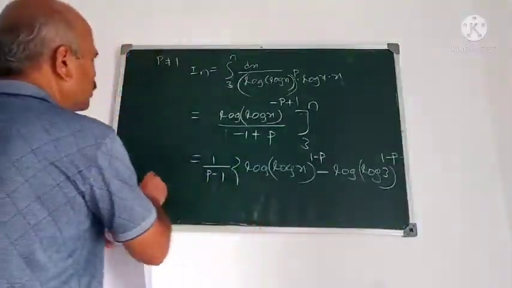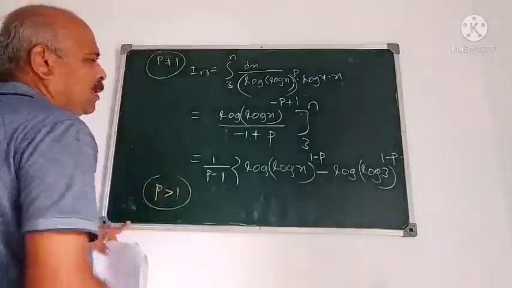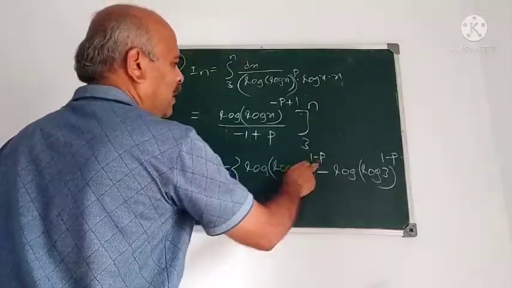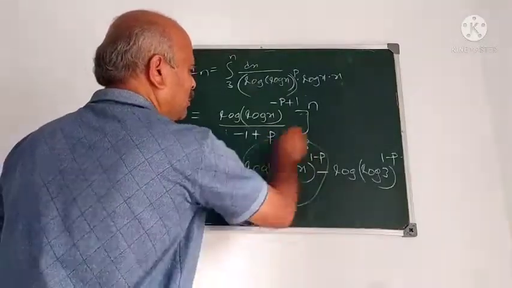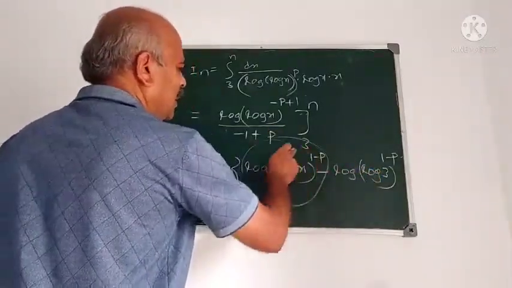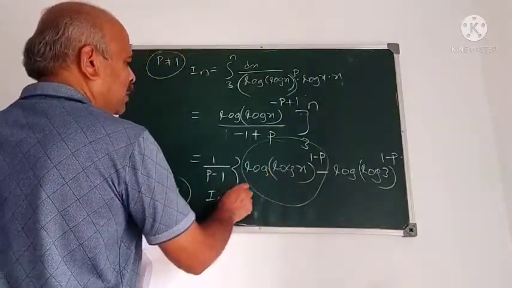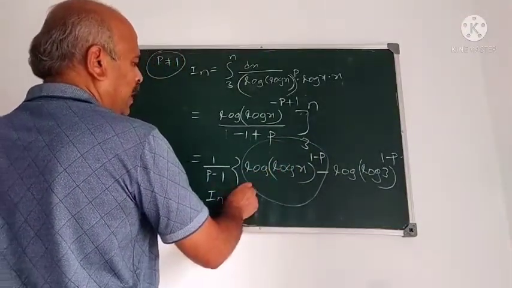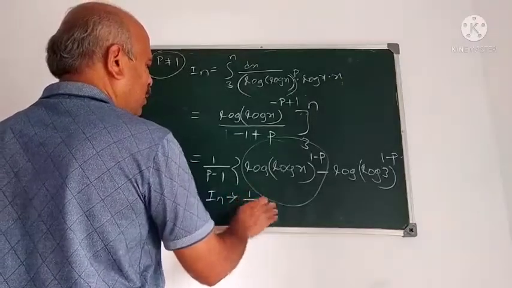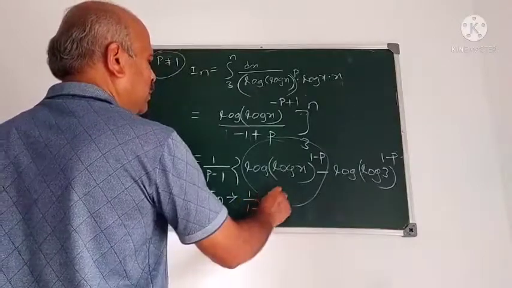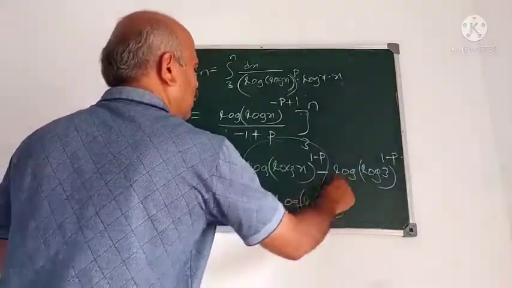Now, suppose p is greater than 1. Then the term with n goes to the denominator. This is important because the other term is a constant. When p is greater than 1, I_n tends to 1 upon p minus 1 times log of log 3 raised to 1 minus p.